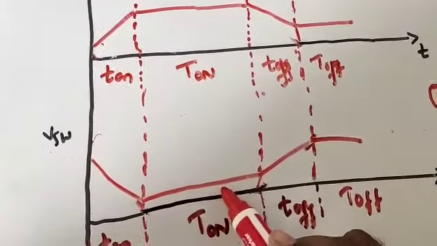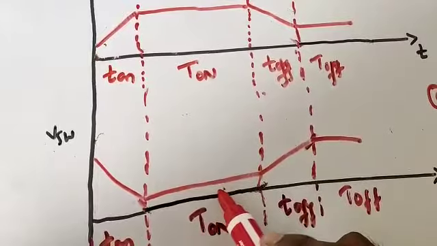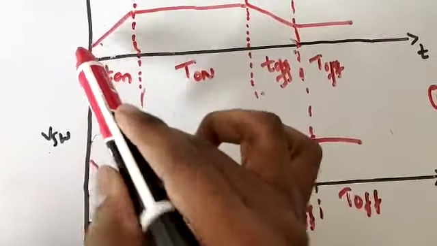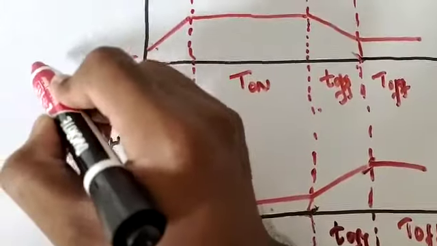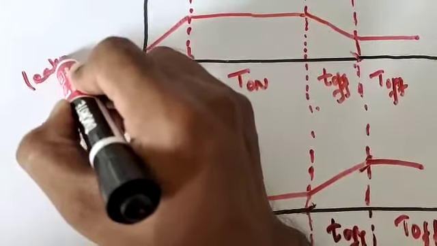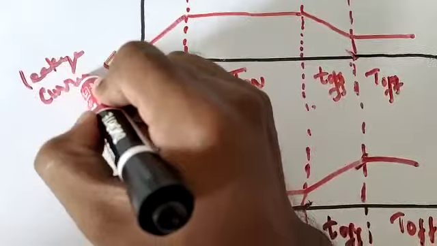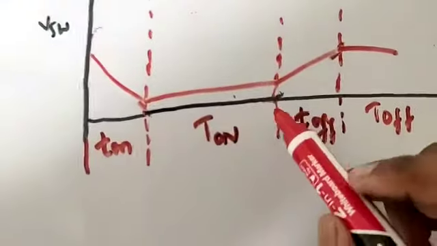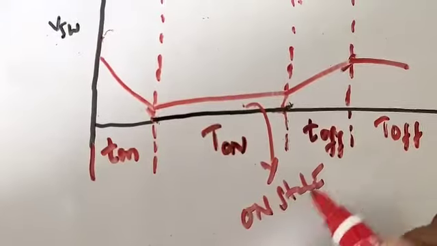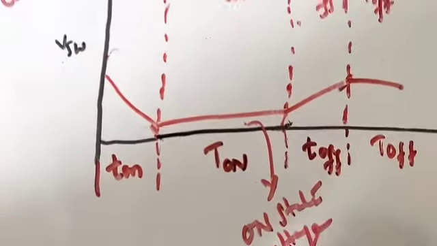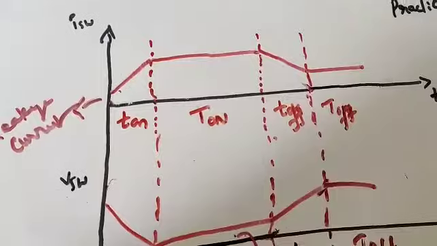This is the on-state voltage drop, and this is the leakage current. This current is known as leakage current. I'm writing here, and this is the on-state voltage.